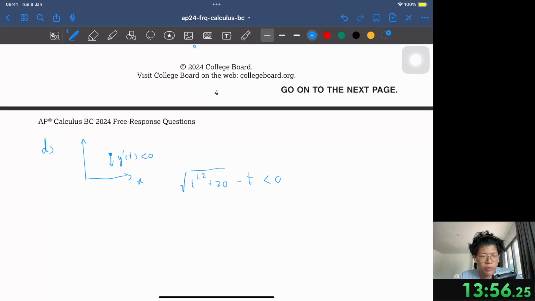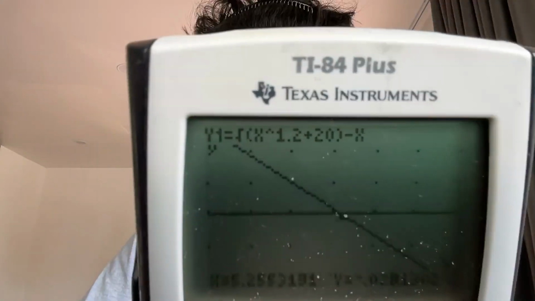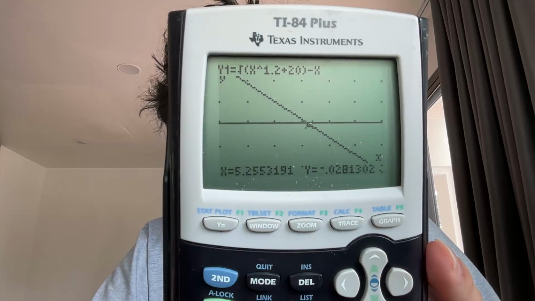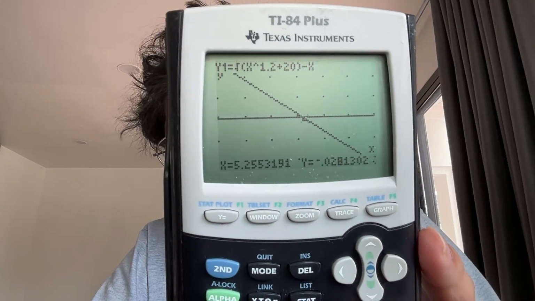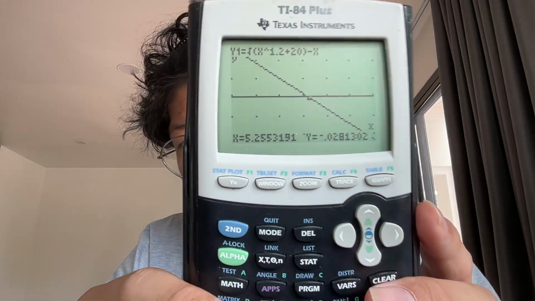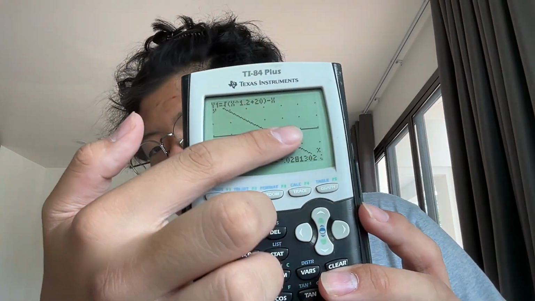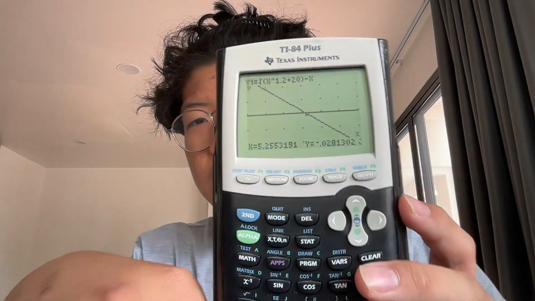So here, let me pull out this screen. You'll see this calculator screen of the graph and the point of intersection of the graph and the x-axis. The x value is about 5.2 or something like that.